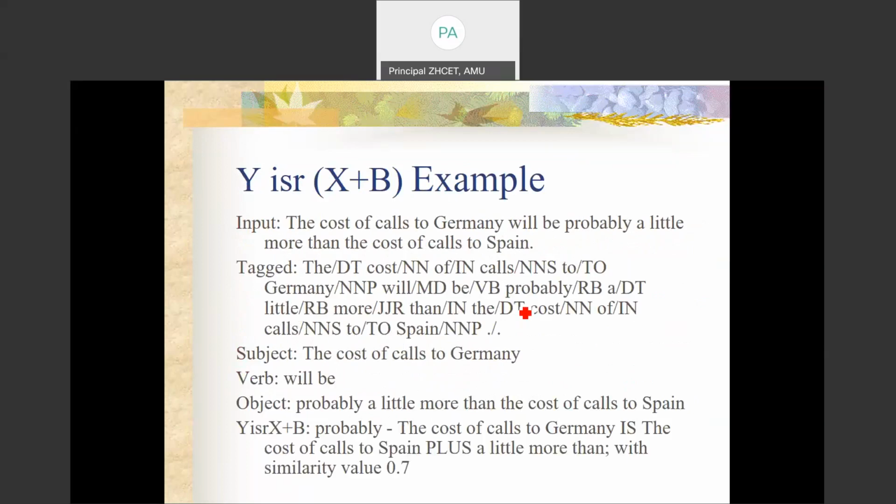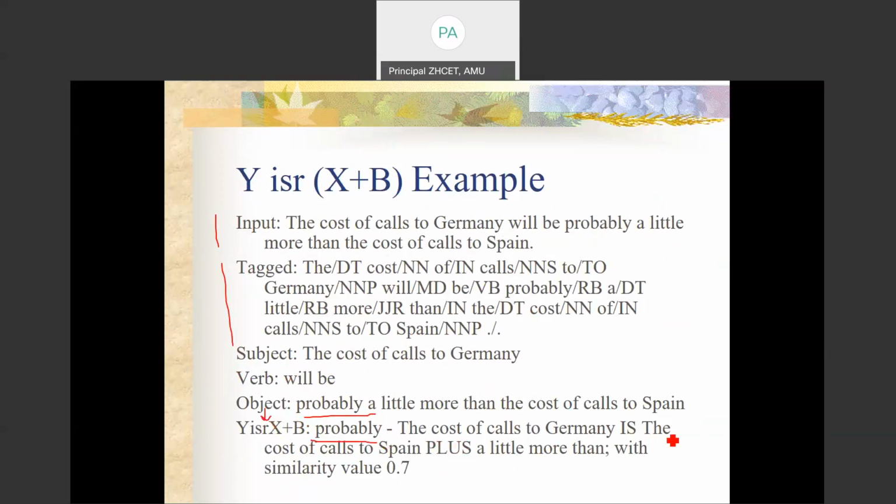Likewise, Y is Rx plus B. The cost of calls to Germany, the same thing: input, tagging, subject, verb and object phrases. Then I can identify that since probably occurs in the object, I pull that out as the small r.